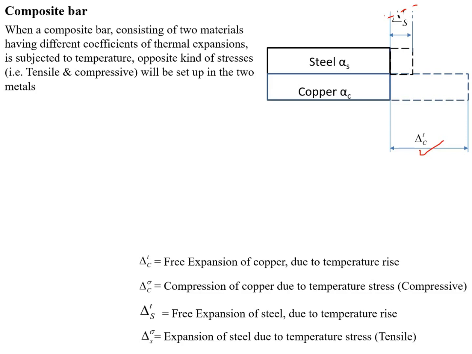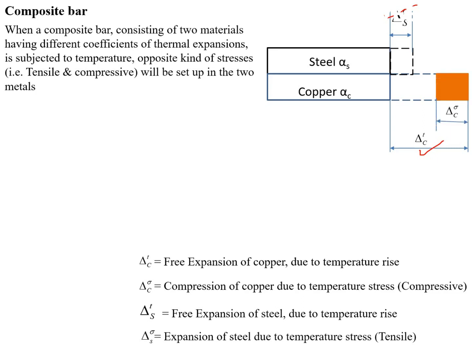And one more thing you have to remember: if the two materials are independent, if both the copper and the steel behave like individual materials, copper will expand more than the steel. Why? We know that alpha C, the coefficient of thermal expansion of copper, is greater than that of steel.